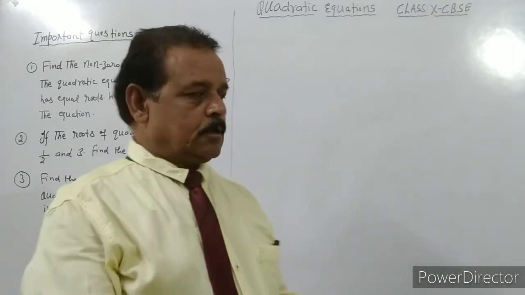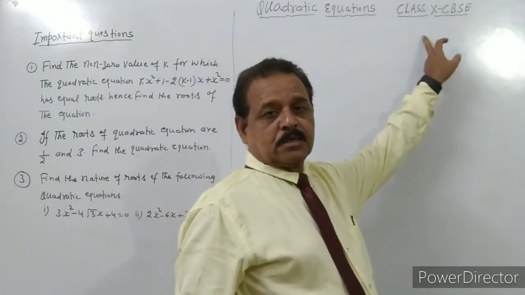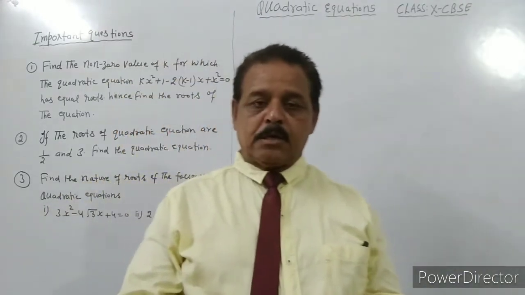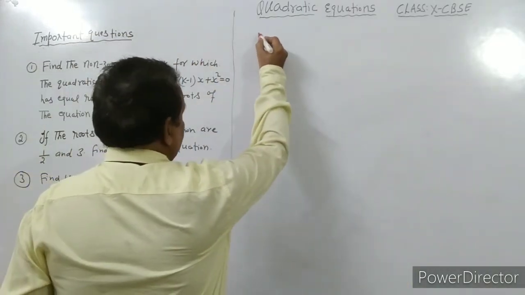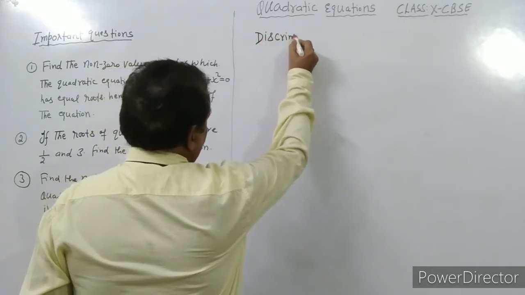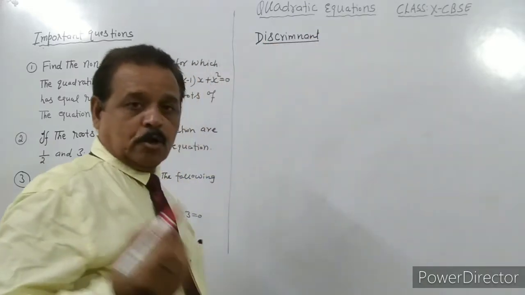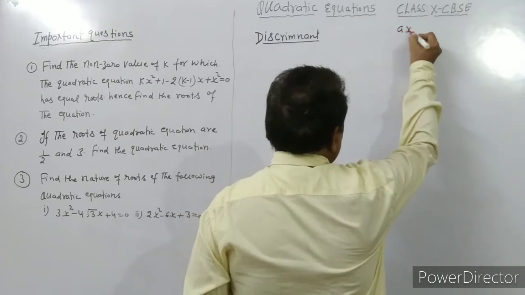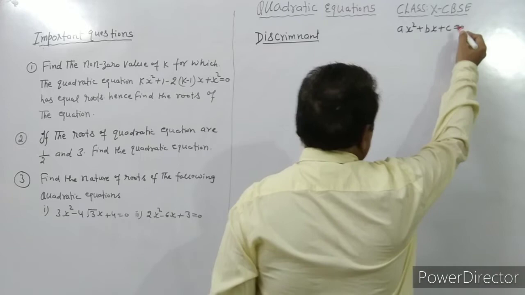Today in this lecture, I will continue quadratic equation for class 10th CBSE. So the next topic is, first of all, we should know what is discriminant. The standard form of a quadratic equation is ax square plus bx plus c is equal to 0.